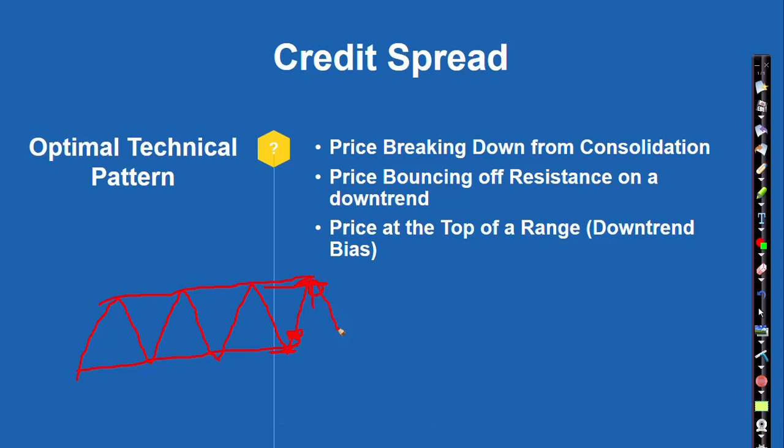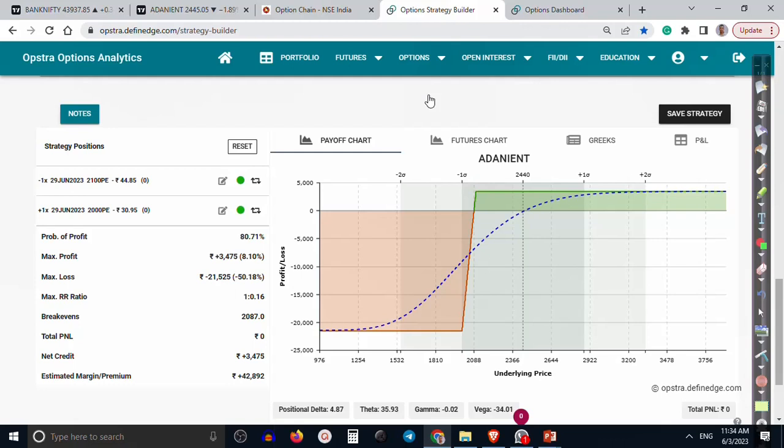In that case, we are using it toward the downside. So this is the basic technical pattern, and we must know the implied volatility should be more than the 50 implied volatility percentile.